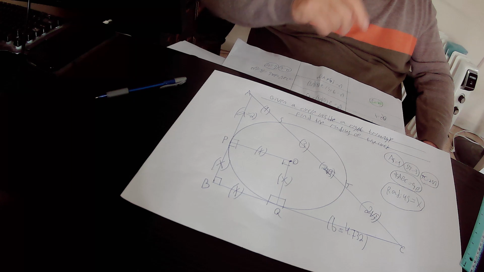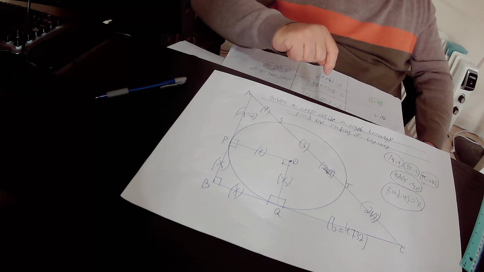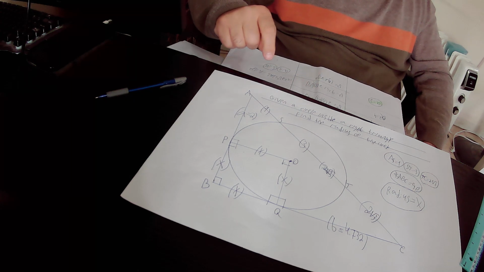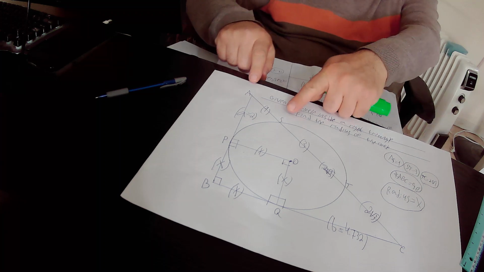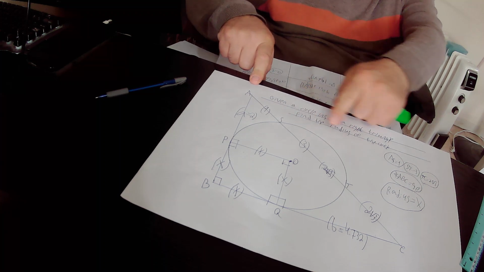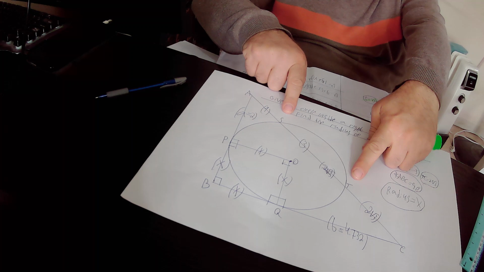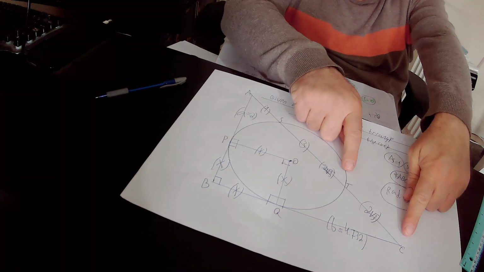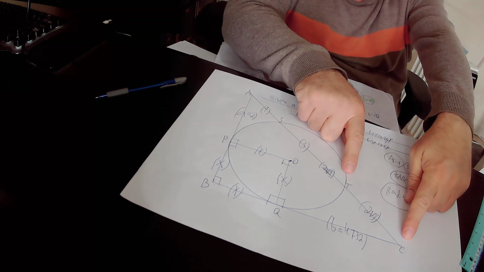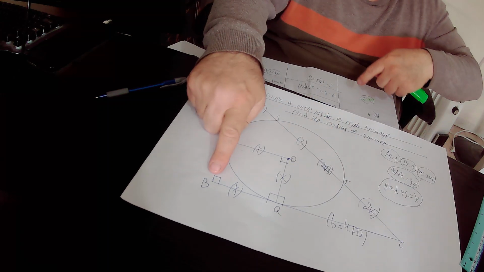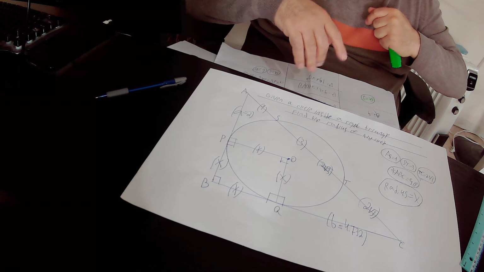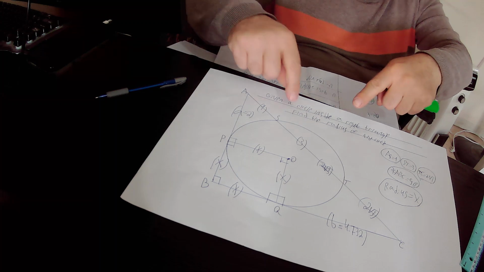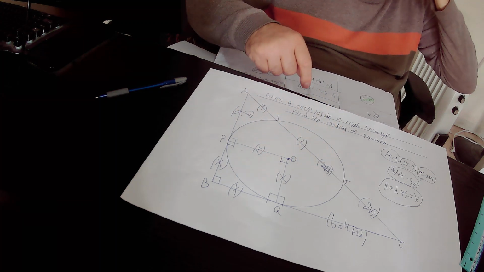Our mission is to find out the radius of this circle. In addition, we know that line segment AS is equal to 1 unit in length. Line segment SC is equal to 3 units in length. And line segment TC is equal to 2 times square root of 3 units in length.